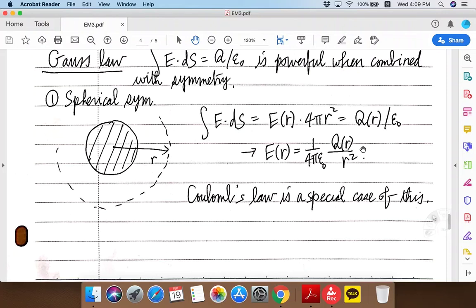But no matter where you're putting your meter stick and measure r, the electric field is always given by this simple and quite universal formula. And you can see that Coulomb's law is just a special case of this, where Q of r becomes just a constant.